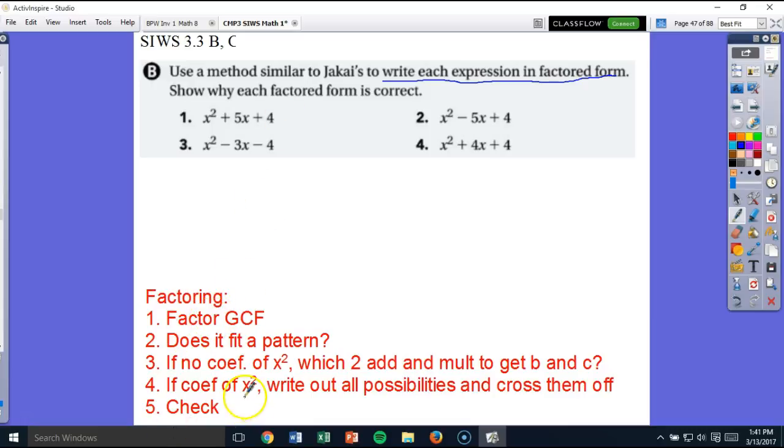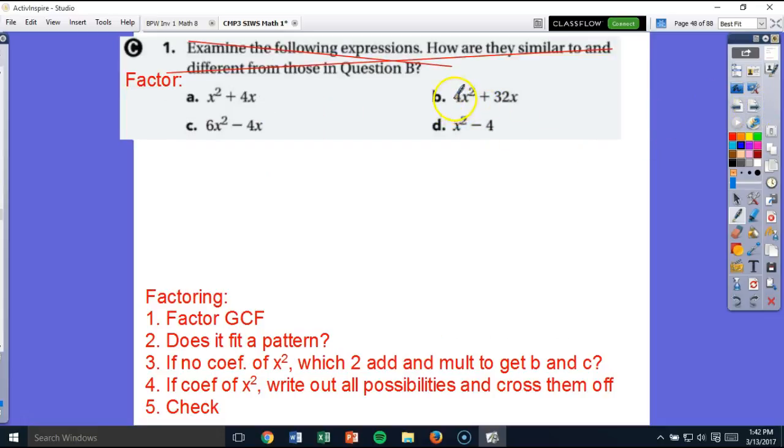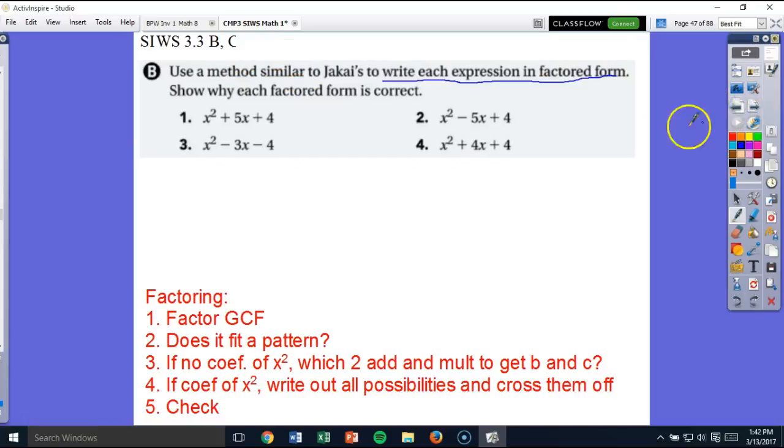So I have some steps for you down here. When we are factoring, we want to factor out our greatest common factor, see if it fits a pattern. Then if no coefficient of x squared, and none of these have a coefficient of x squared, it's all one. On part C, you'll have an area for B and C, both of them that have coefficients of x squared. We'll get to that later.